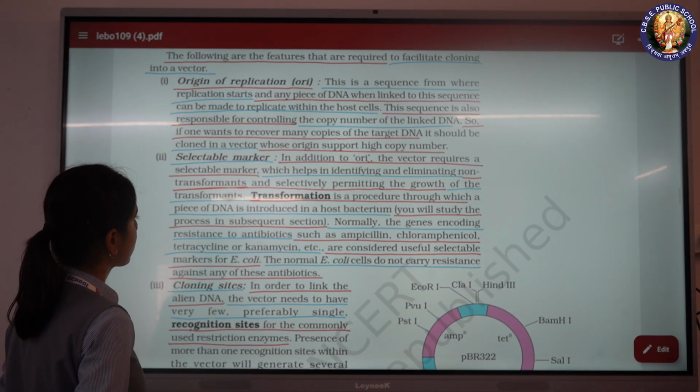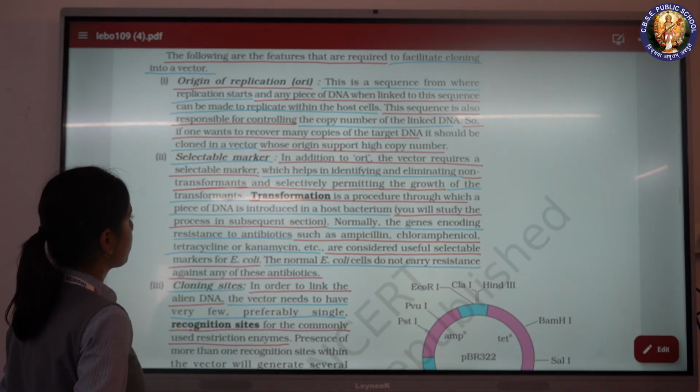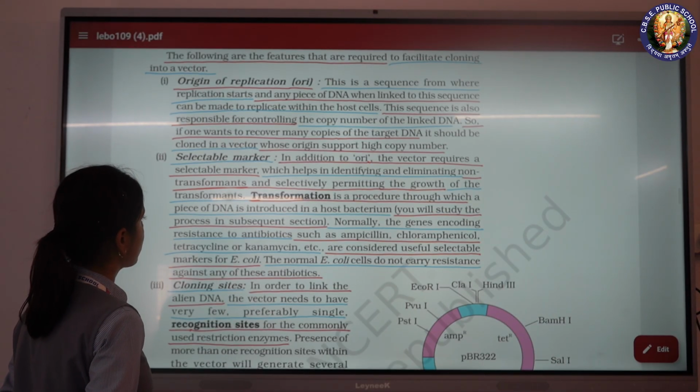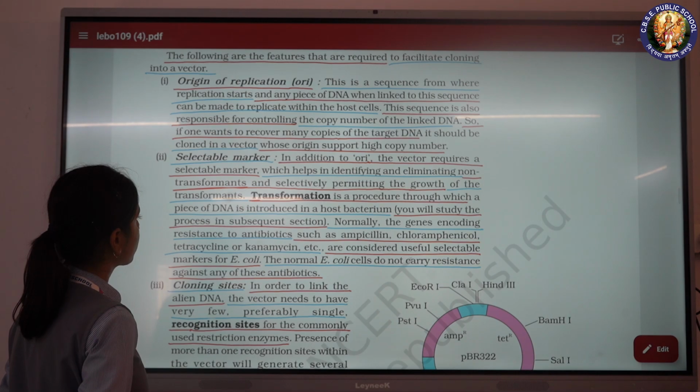Transformation is a procedure through which a piece of DNA is introduced in a host bacterium. You will study the process in a subsequent section.